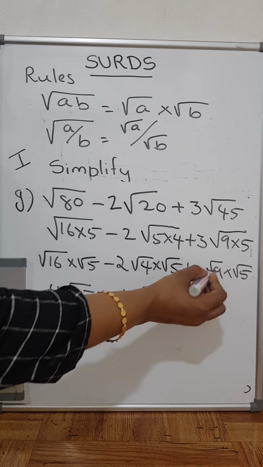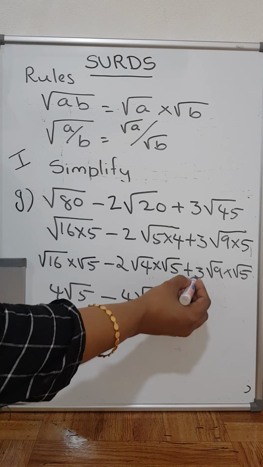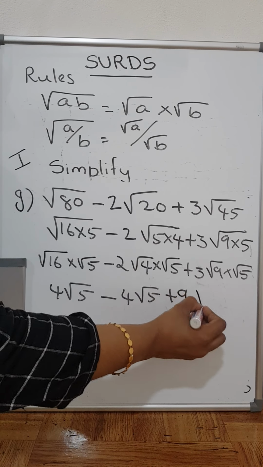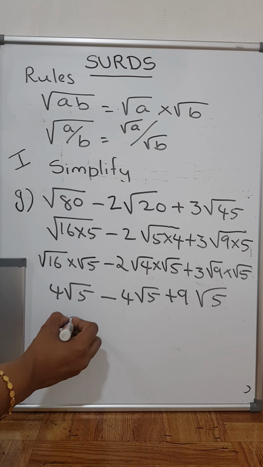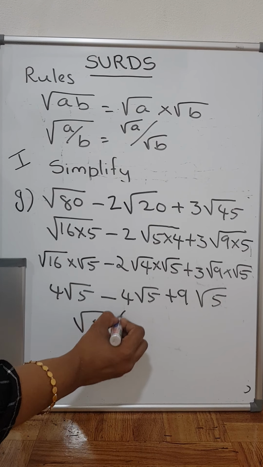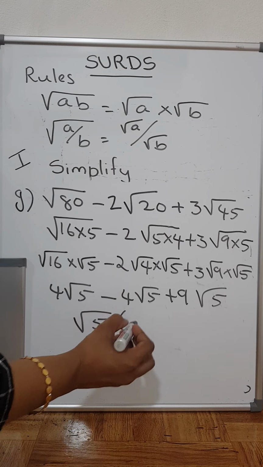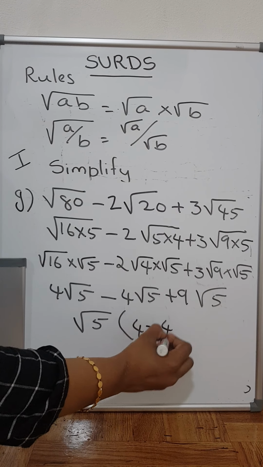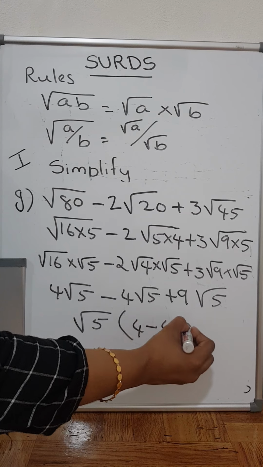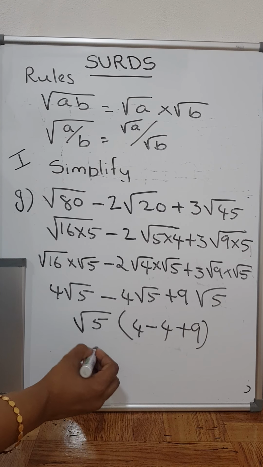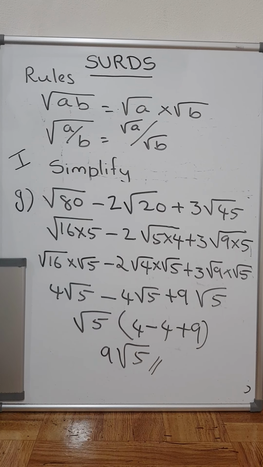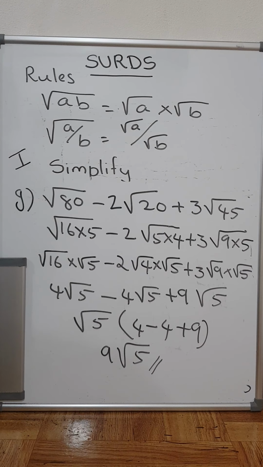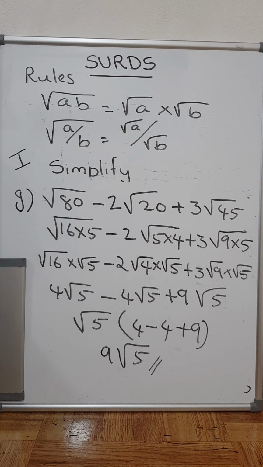Plus 3 times root 9. Root 9 is 3, so 3 times 3 is 9, 9 root 5. Now you see root 5 is common there. Take outside the bracket. The remaining you can place inside the bracket. 4 minus 4 plus 9. So root 5 times 9, 9 root 5. If you cannot find a perfect square as a factor, you know what you have to do. You can continue by that method.